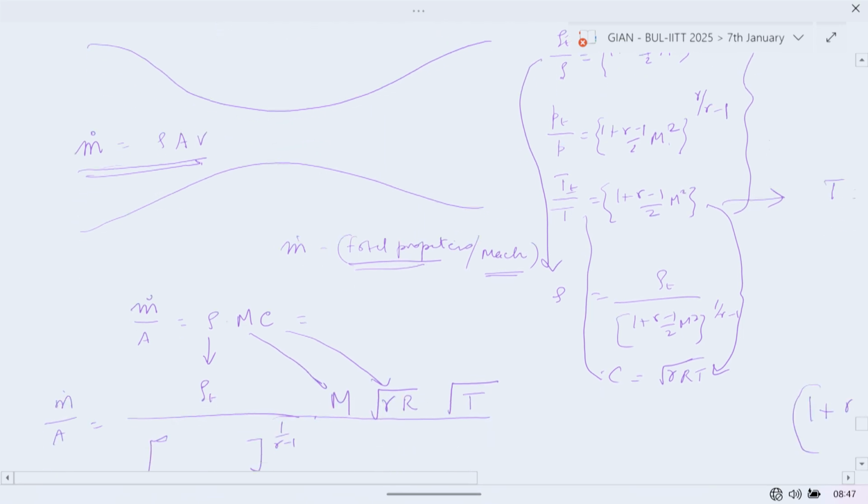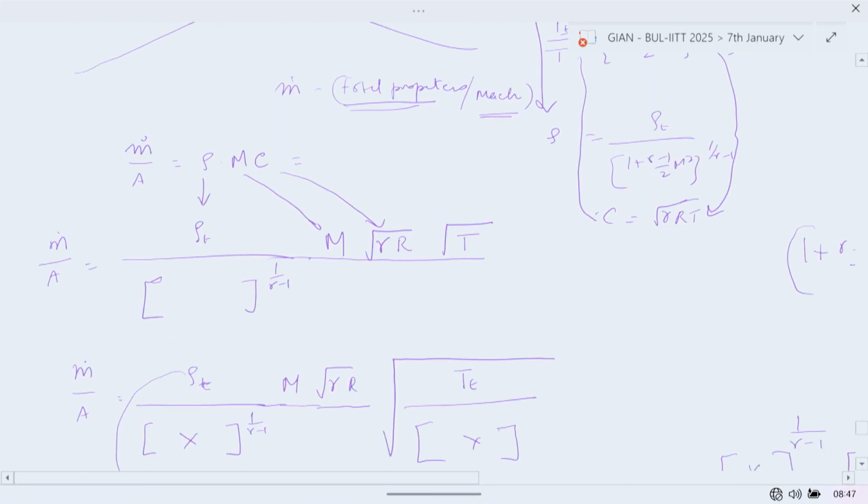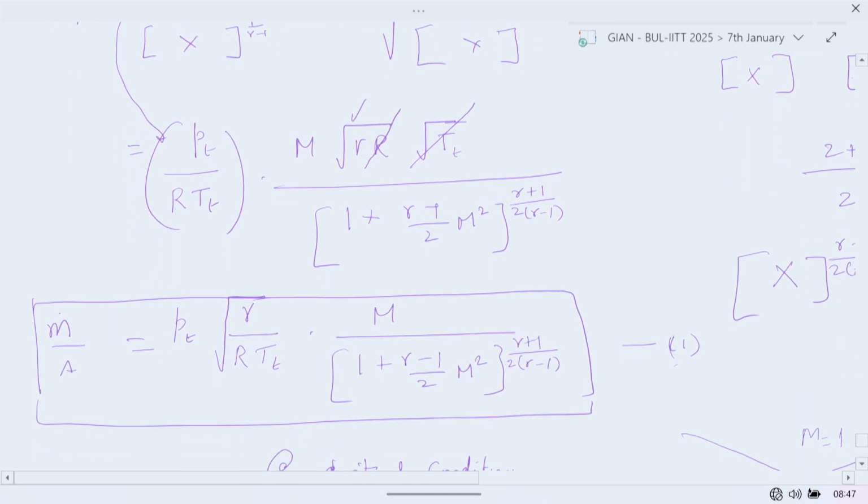So I replaced this with those properties. Then after rearranging it, I arrived at an expression for the mass flow rate. That is what you see here: Pt square root of gamma by R Tt, M divided by 1 plus gamma minus 1 by 2 M square, power gamma plus 1 by 2 into gamma minus 1. That's the mass flow rate equation.